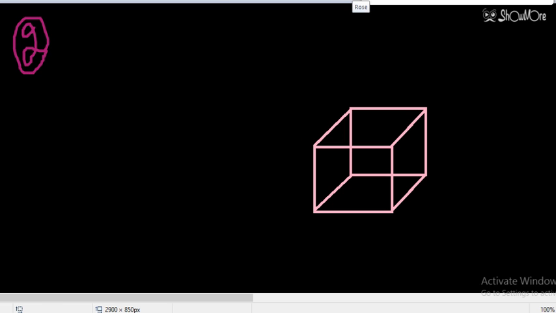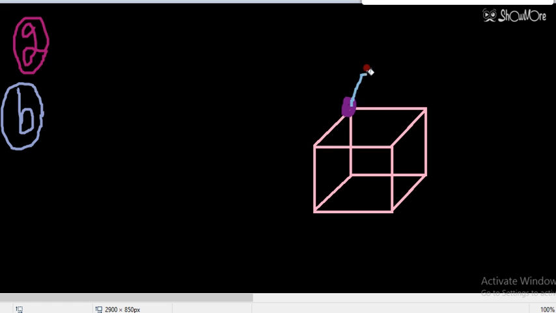In the second question, part B, what the examiner is saying is that the charge is placed at one of the corners, like you can see here. Let's suppose this is the charge which is placed here. Now see, to enclose this charge, how many cubes are required?